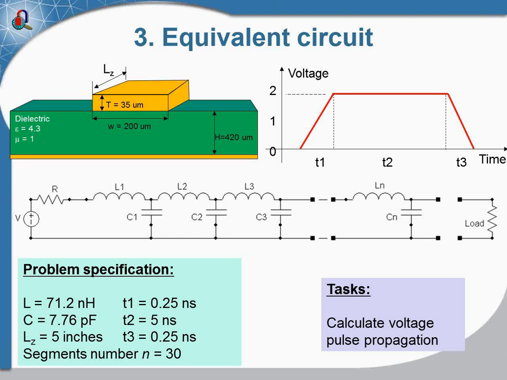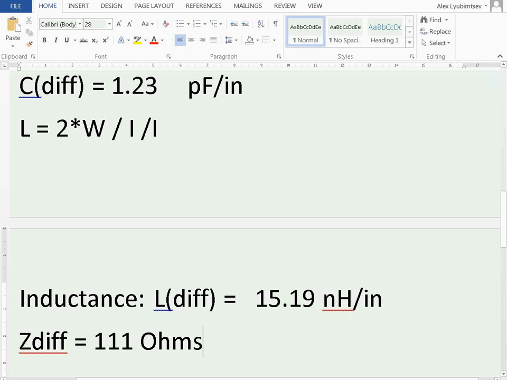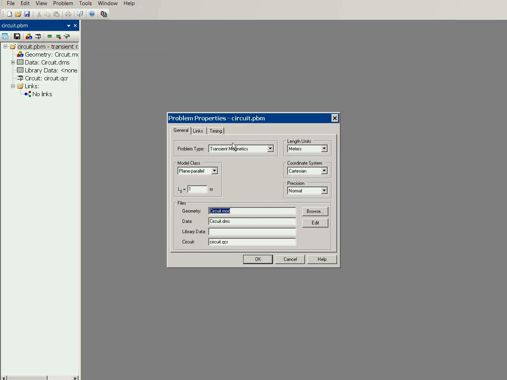I will start QuickField and open the simulation file. Here you can see this is the transient magnetic problem. Well, each QuickField problem should have the geometry model.